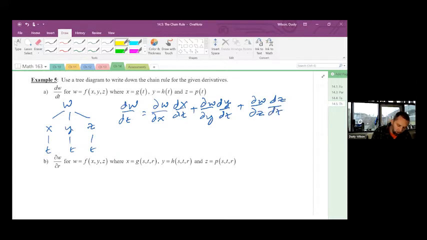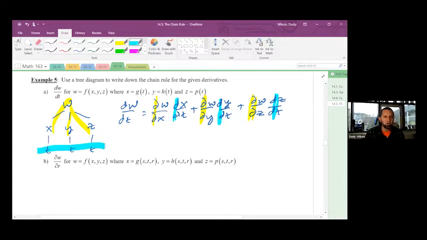Just a reminder that you have partial derivatives first because w is a function of 3 variables, and then you have normal straight d's second because x, y, and z are just functions of 1 independent variable. The question just asked for a tree diagram. We've created the tree diagram.